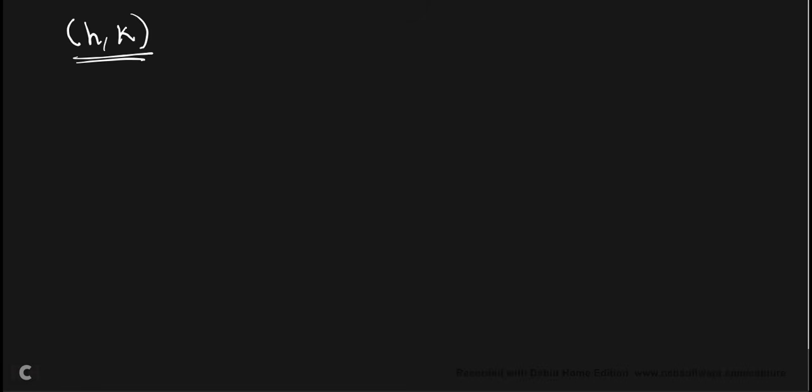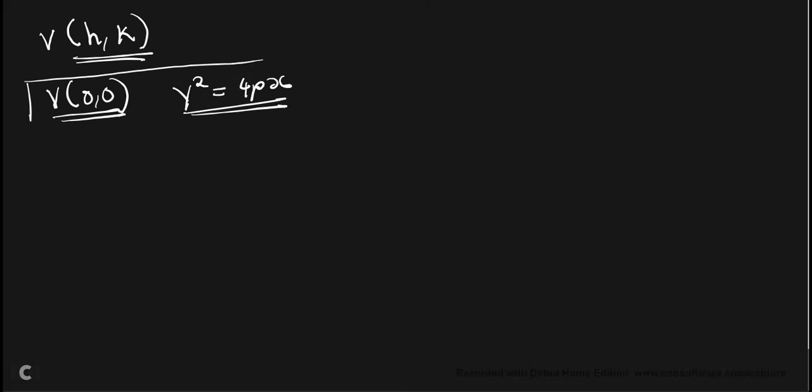You need to have the first idea of how the standard equation with vertex (0, 0) looks. I said that it's y squared equal to 4px. This is the standard equation of the parabola if the vertex is (0, 0).